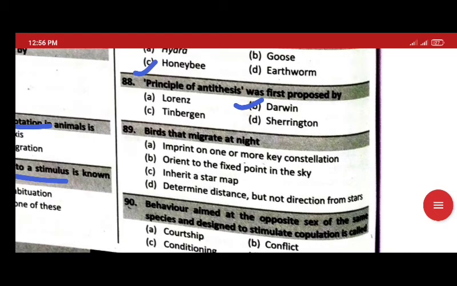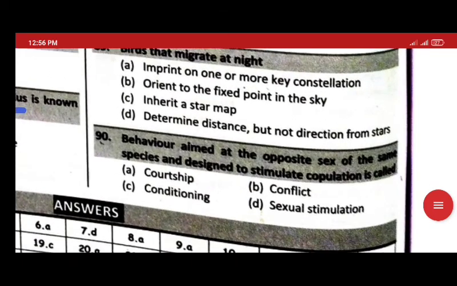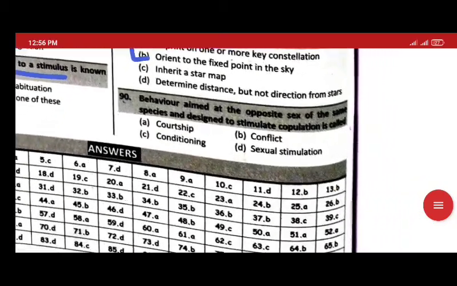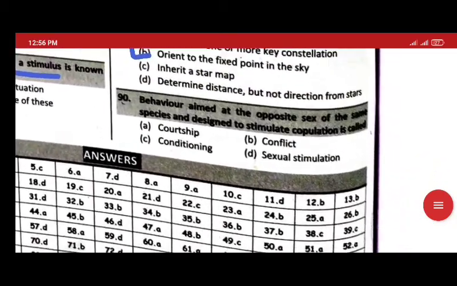So at night they have to make a path, so that path can be determined by a map. So orientation to the fixed point in this case. So B option is right. B, 89 what is given, 89 B, okay.